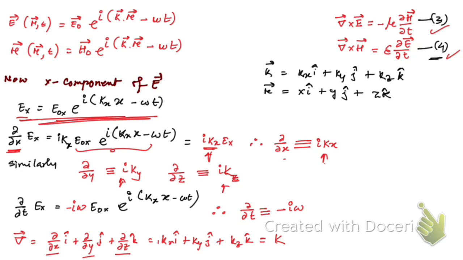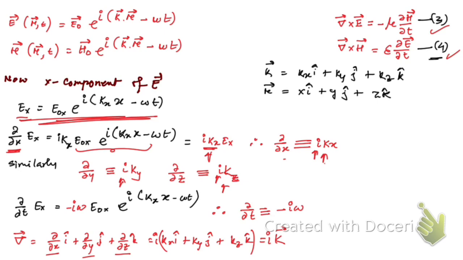Sorry, here I forgot the i, which is taken common, because we have i with every k. So we can write i k vector. Hope you have understood this.